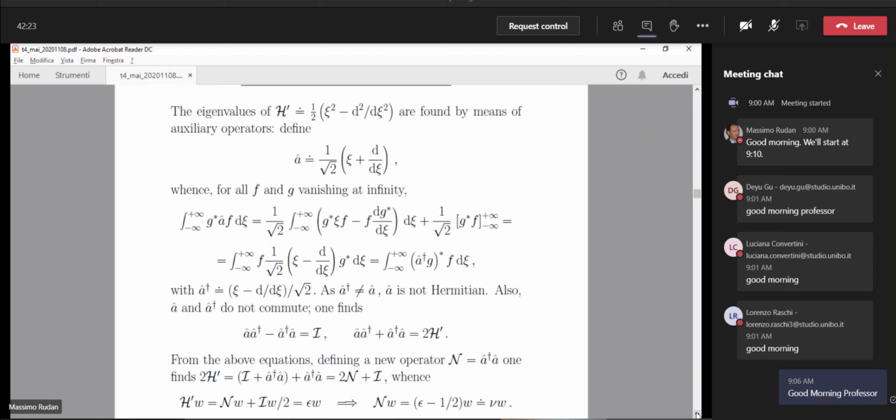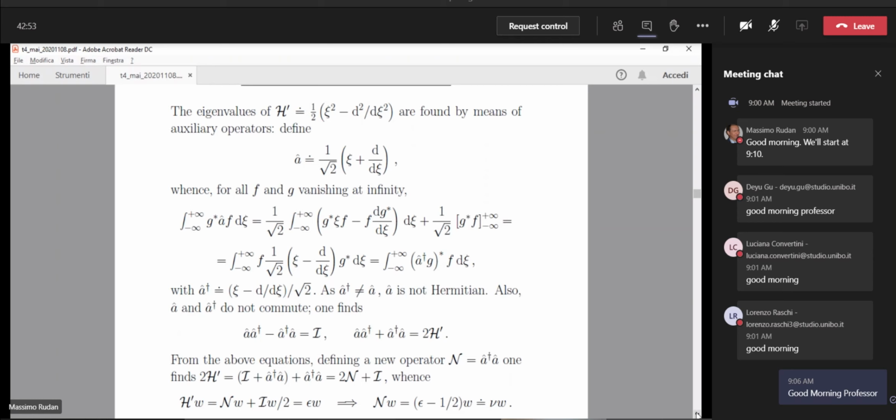You don't find 0, you find the identity. Finally, if you instead calculate the other expression that you see on the same line, a followed by a dagger plus a dagger followed by a, you obtain 2 times the Hamiltonian prime.